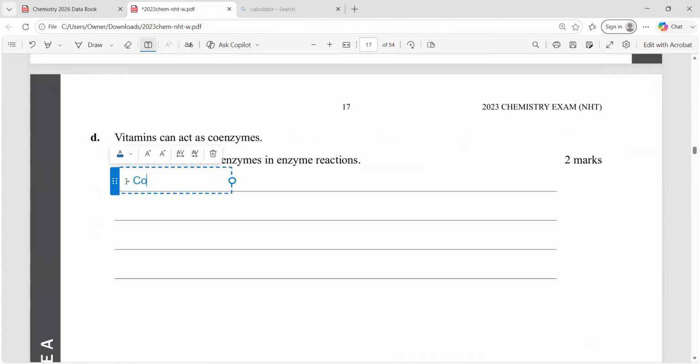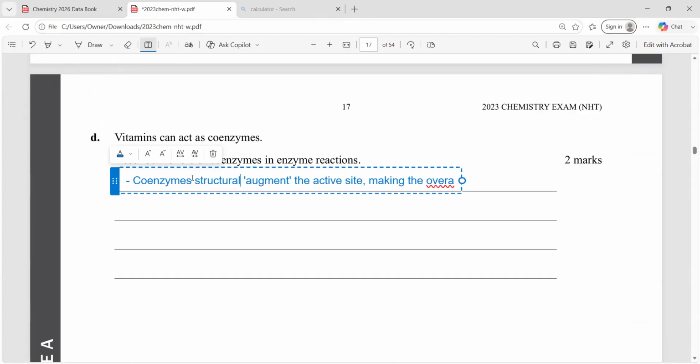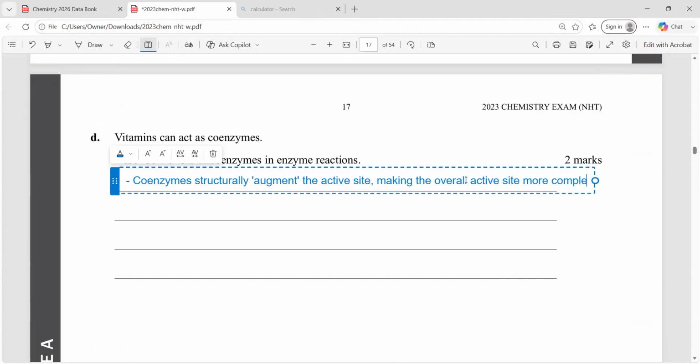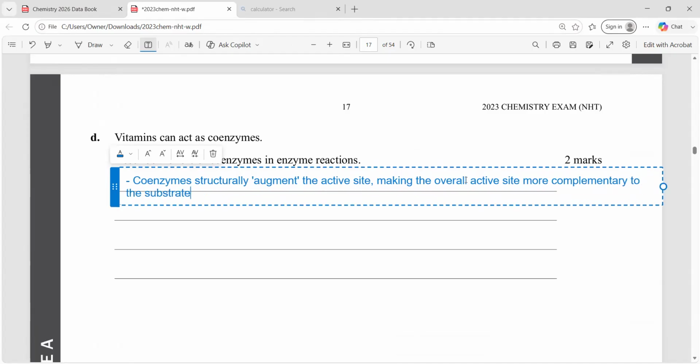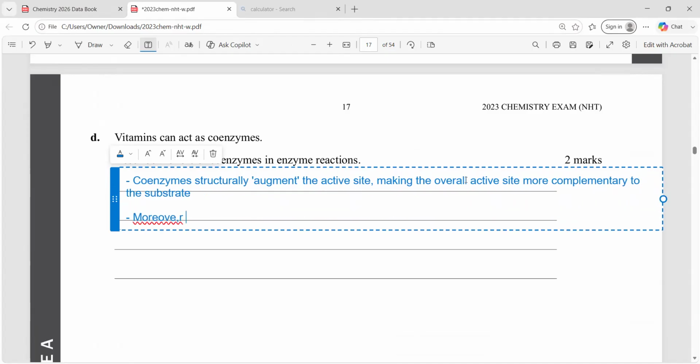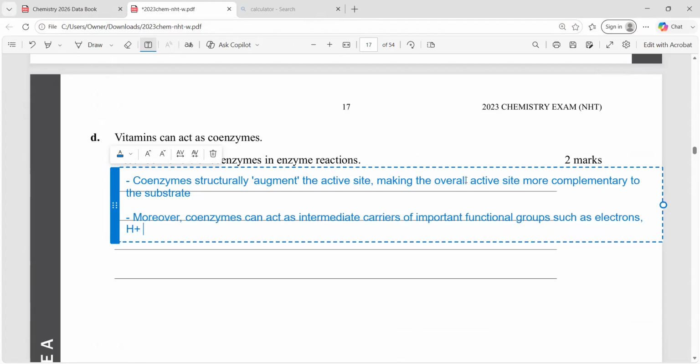Okay, so coenzymes augment. I love that word. Augment the active site, making the overall, structurally, maybe we can say structurally augment, making the overall active site more complementary to the substrate, and moreover, coenzymes can act as intermediate carriers of important functional groups, such as your electrons, your H plus ions, and things like that.